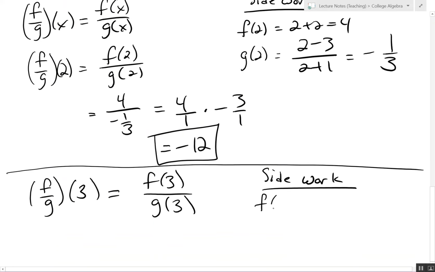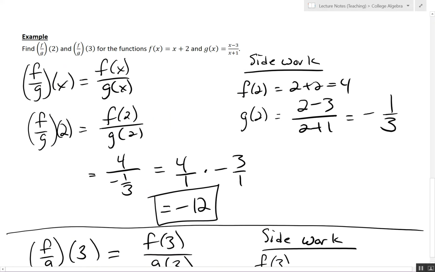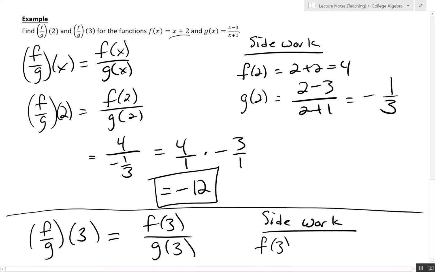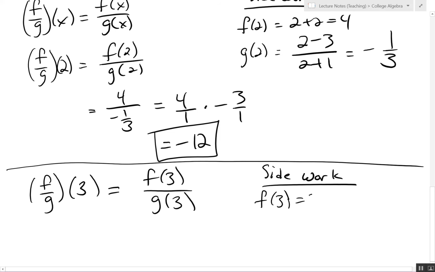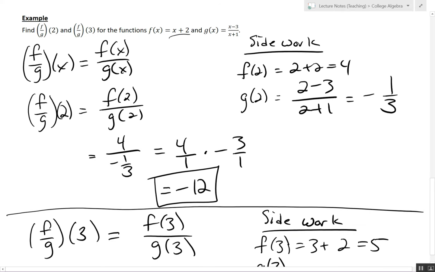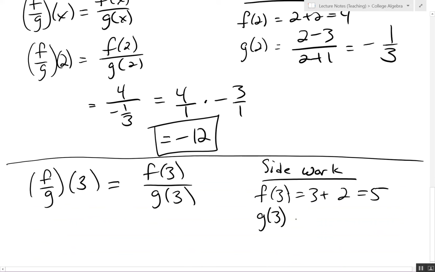So f of 3, to remind you, f is just x plus 2, so we'll just get 3 plus 2 equals 5. And g of 3, well, let's see what we get. We get x minus 3 over x plus 1, so we'll get 3 minus 3 over 3 plus 1, which gives me 0 over 4, which is 0.